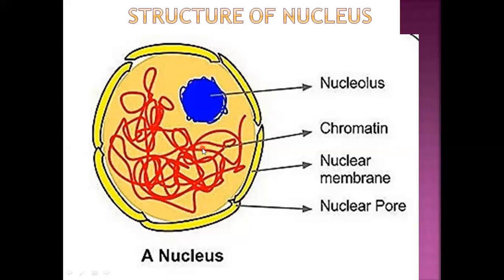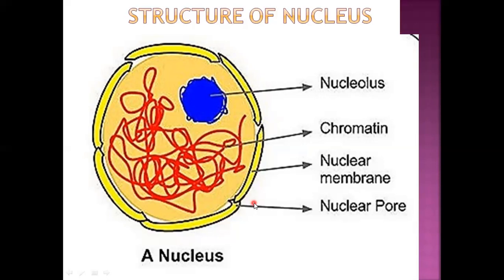Secondly, genes are the segments of the DNA which determine heredity, the characteristics we pass on from our parents to young ones. From our parents to all of you, the characters are inherited because of the genes.